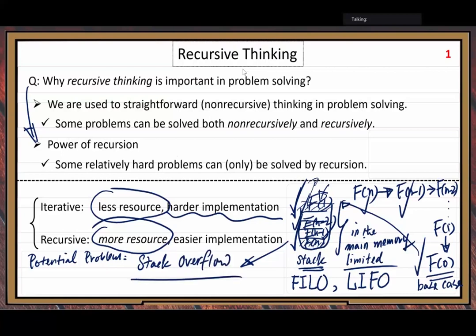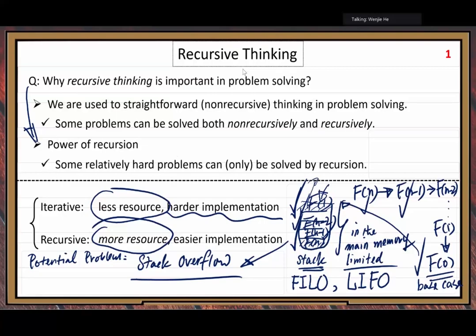Because the depth of your stack grows too fast, too deep, you run out of memory resource. In that situation, you get a runtime error.